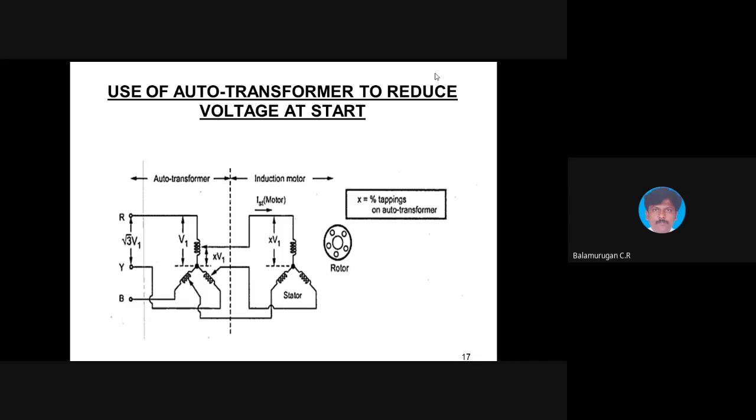Like this only we are going to connect. We have an induction motor with a star connected winding. The auto transformer is also star connected.